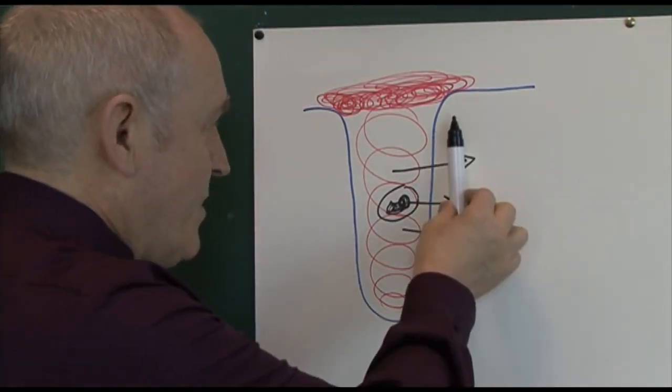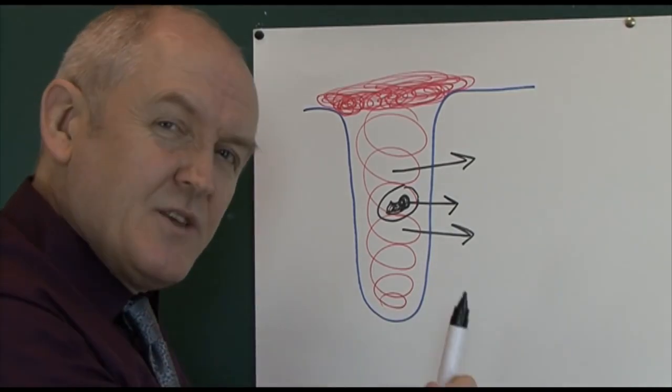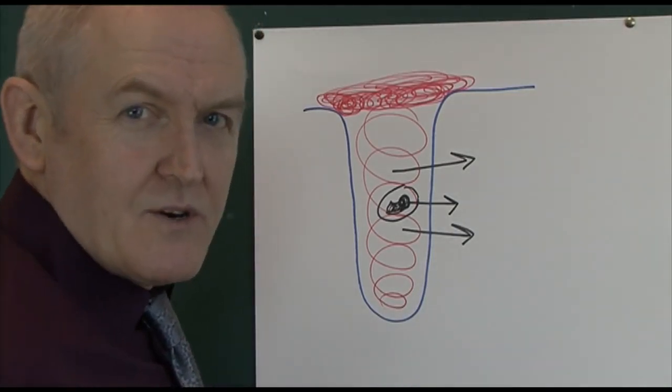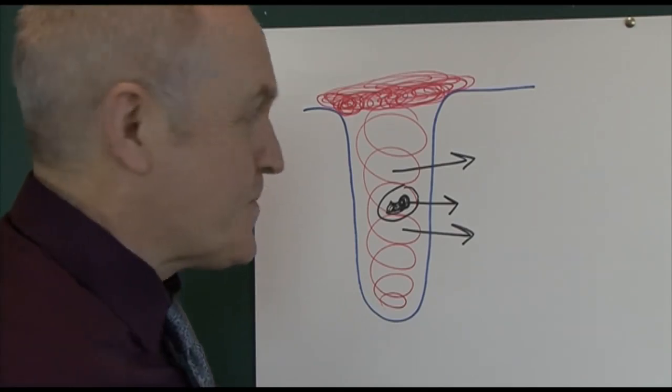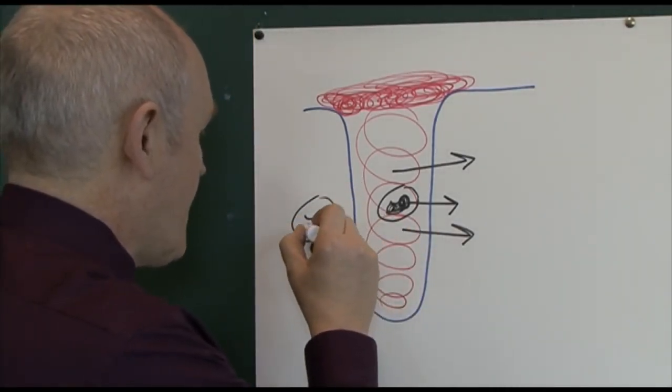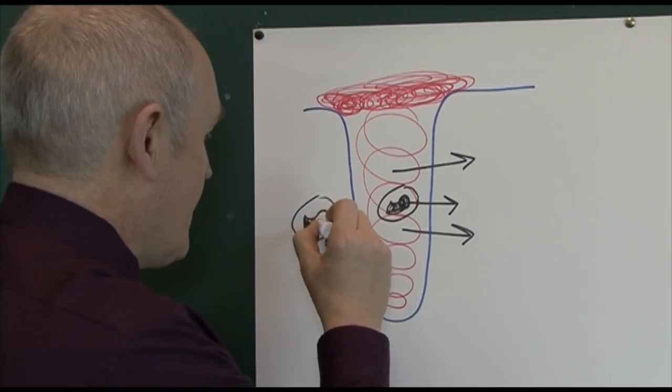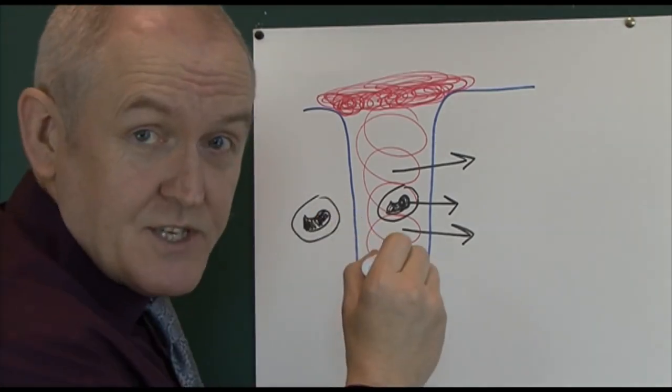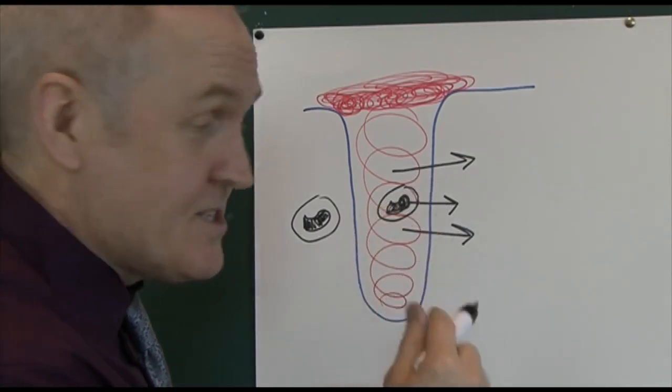Actually, what do we call a monocyte when it's in the tissue spaces? If monocytes are in the tissue spaces, they're called macrophages.